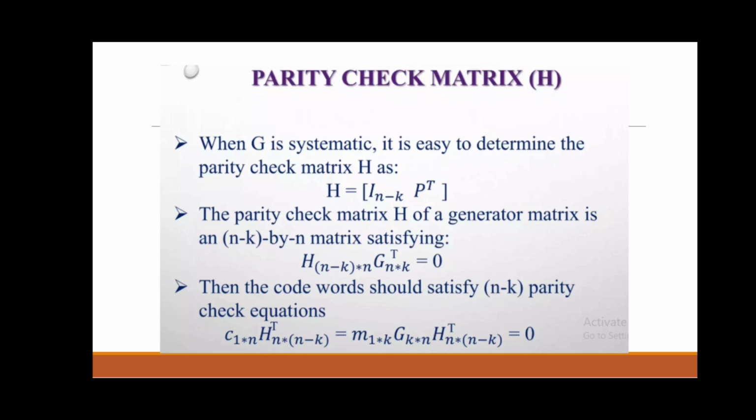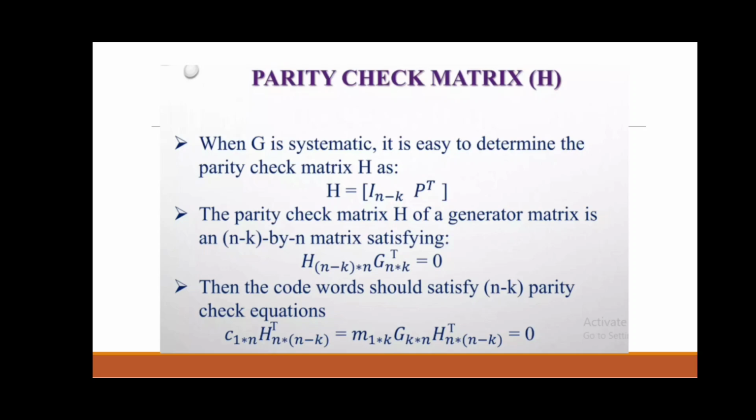Similarly, for decoding purposes, we will use the parity check matrix, and the parity check matrix can be given as H is equal to [I(n-k) P transpose], where I(n-k) is the identity matrix and P transpose is the transpose of P, which is the parity matrix that we saw in previous slides. It is also used for finding the generator matrix.